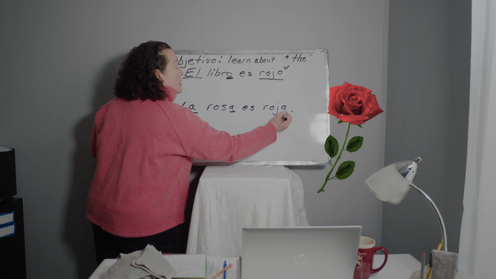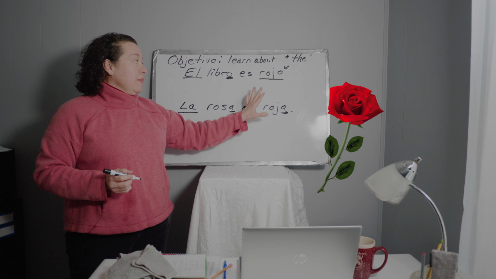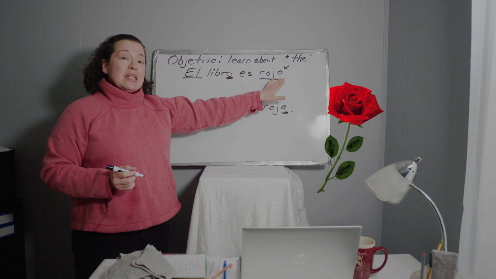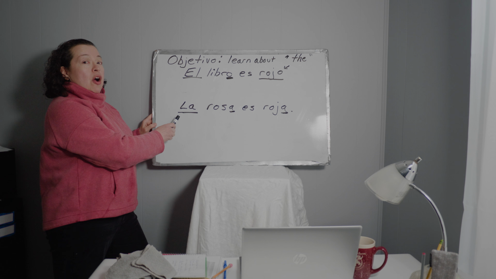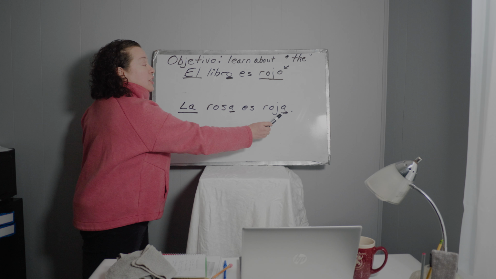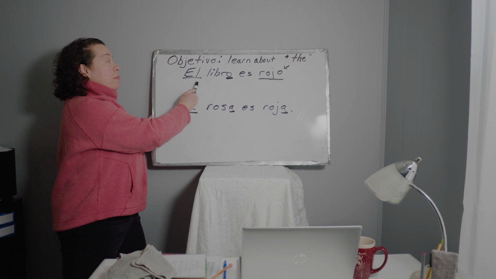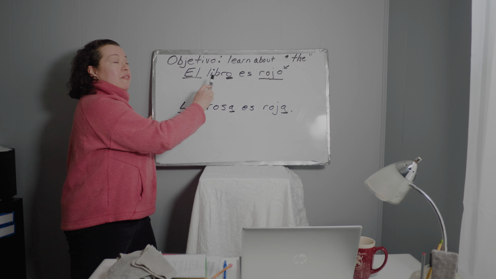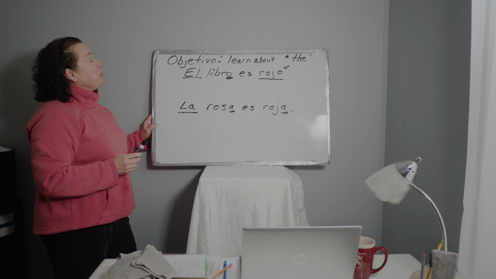Now in this case, you notice even though it's the same word, rojo and roja, it means red, one ends in O and one ends in A. And that's because the feminine articles will make the adjectives end in A, and the masculine noun will have an adjective that ends in O, generally speaking.